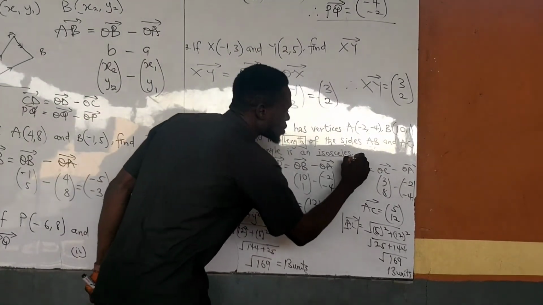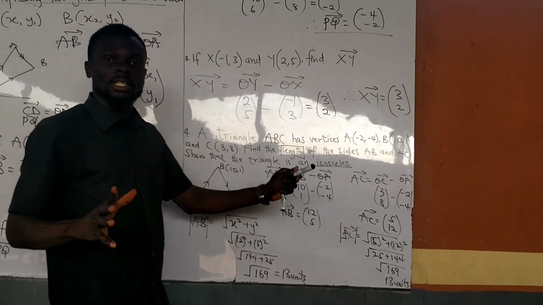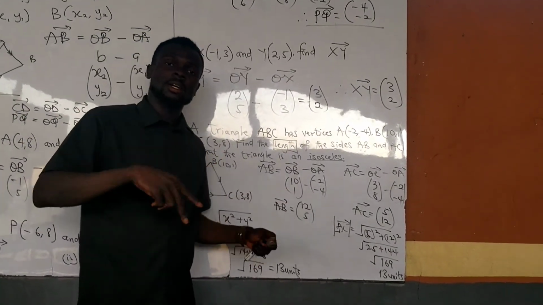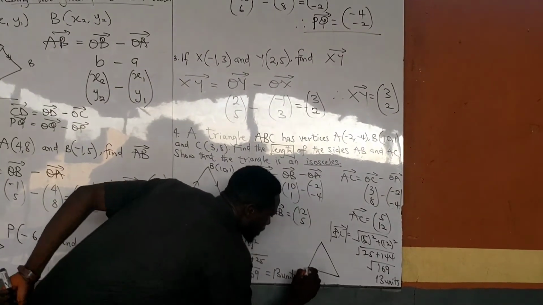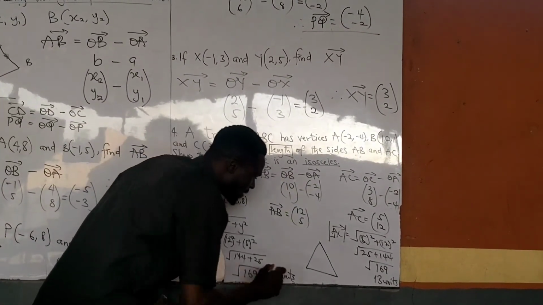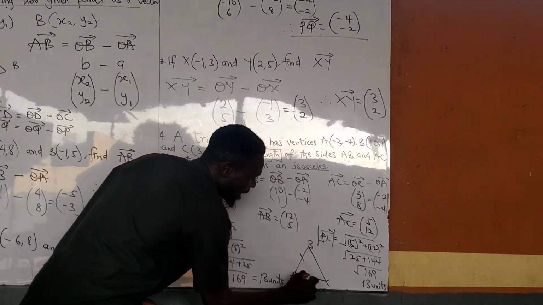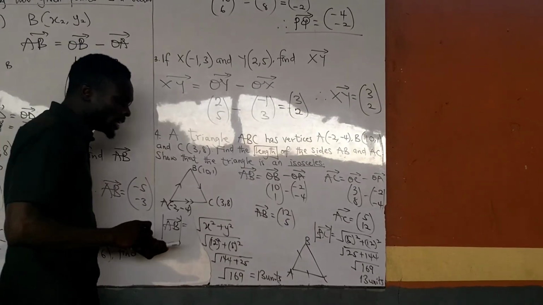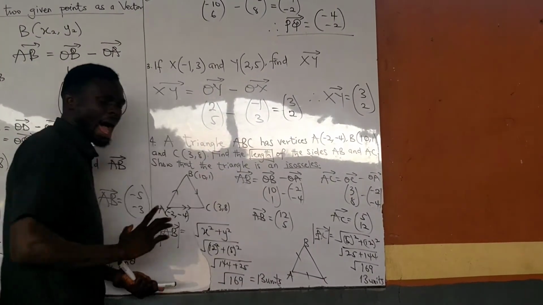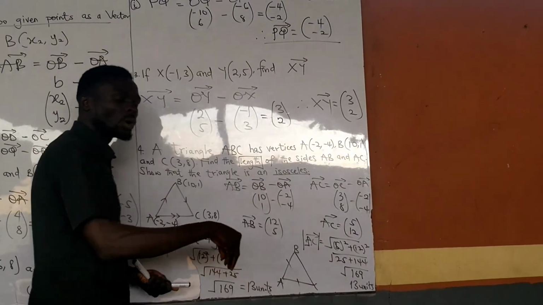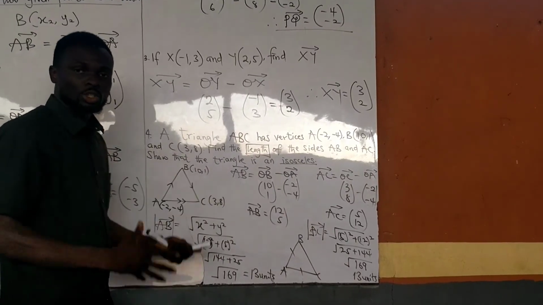And when we say isosceles, what is an isosceles triangle? An isosceles triangle is a triangle having two sides equal. So we draw triangle ABC again and indicate the vertices A, B, and C. AC and AB are equal, so therefore triangle ABC is an isosceles triangle.